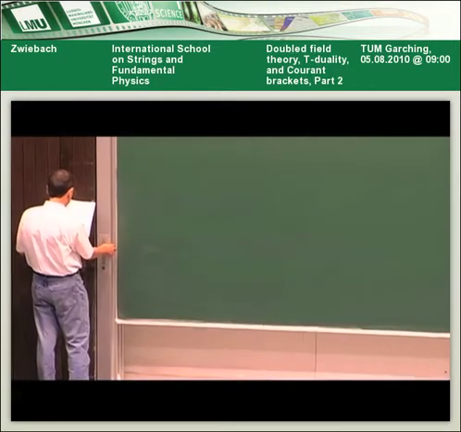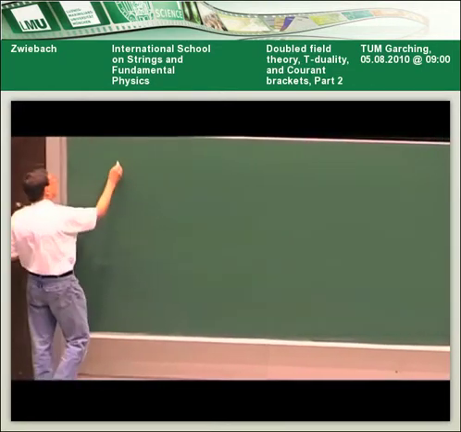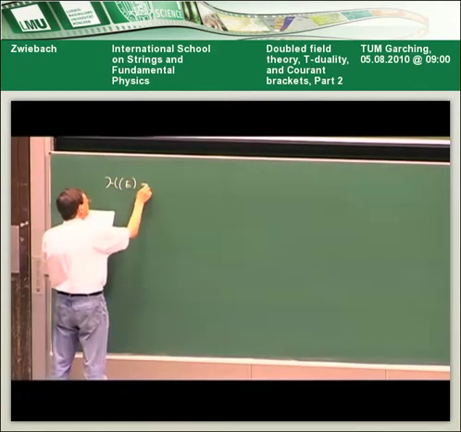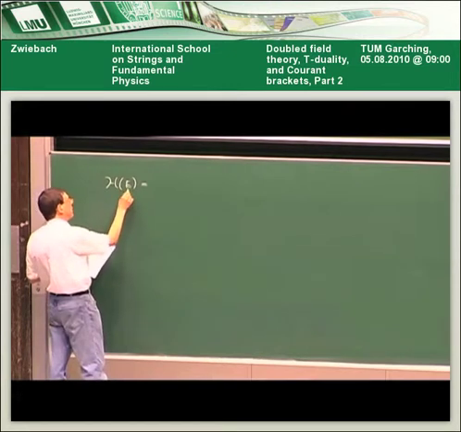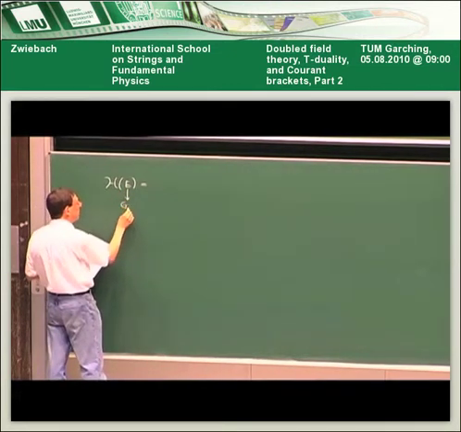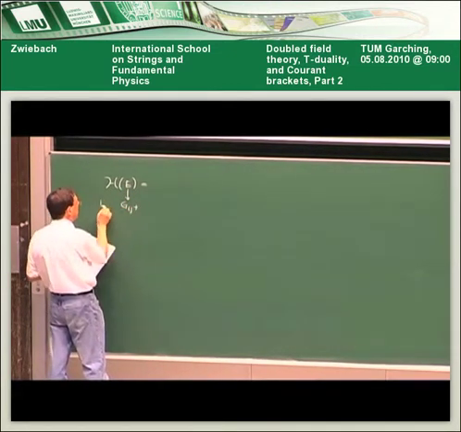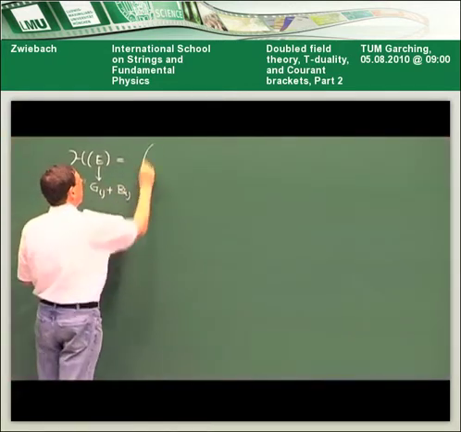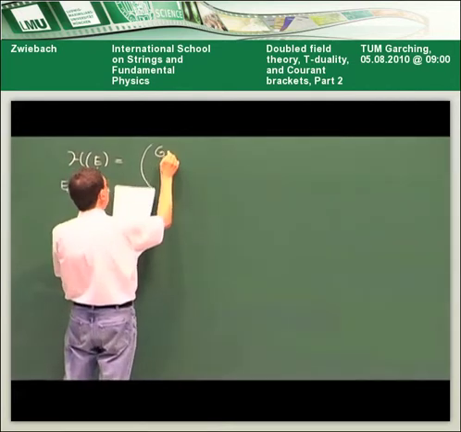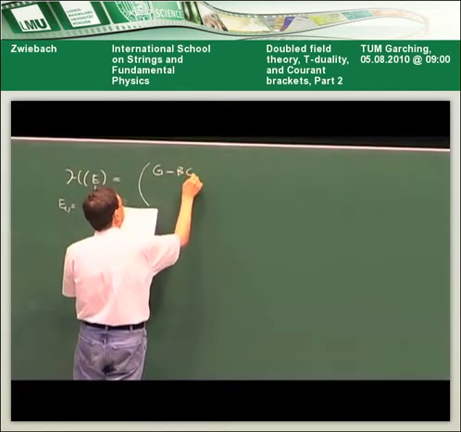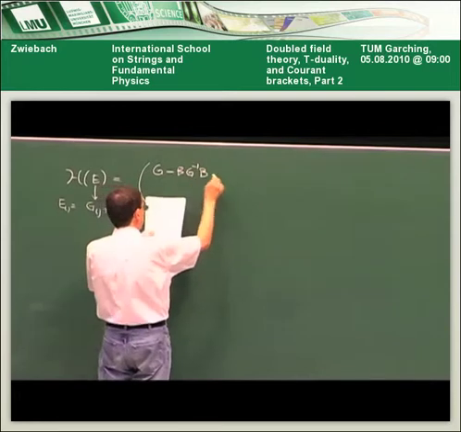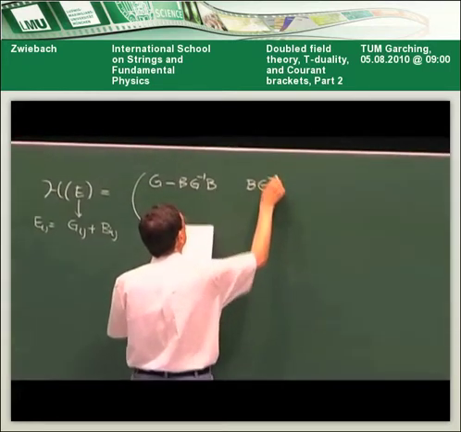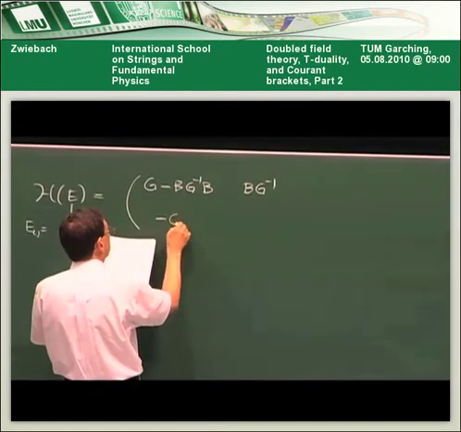So we learned about an object called a generalized metric that depended on this field E that was describing the background, which was E_ij equal G_ij plus B_ij. And this object was a rather intricate matrix of size 2D times 2D, a symmetric matrix.